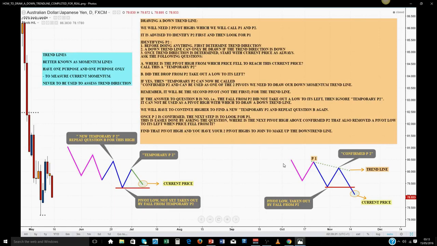The first thing to do is to assess what is the trend. Are supply zones being created and respected, or are demand zones being created and respected? That's how we identify trend.